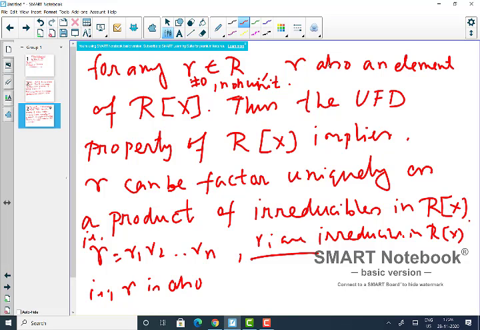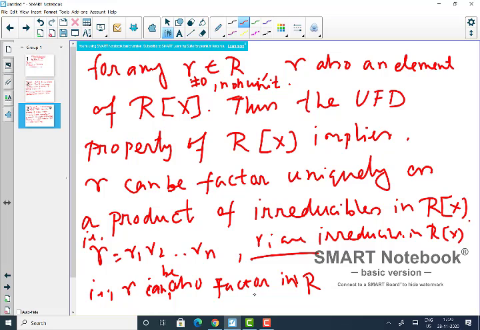So r can also be uniquely factored in capital R. So every element of capital R can be uniquely factored into a product of irreducibles.